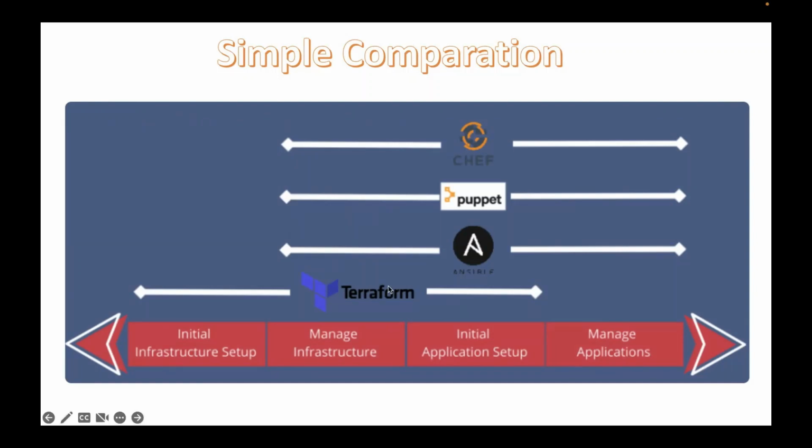a better choice is Terraform. But if you want to manage the infrastructure or manage the applications, for that stuff you have to go for Ansible, Puppet and Chef. Ansible is not the best tool to create the infrastructure, because Ansible does not have the current state, so it is very difficult to manage.